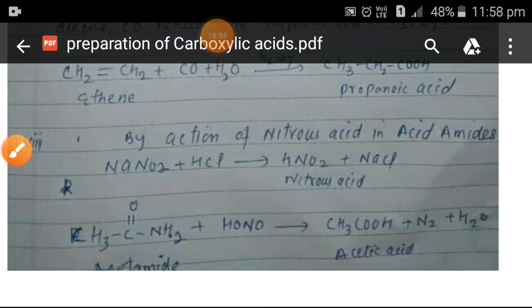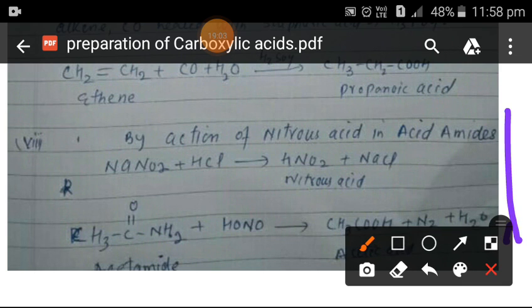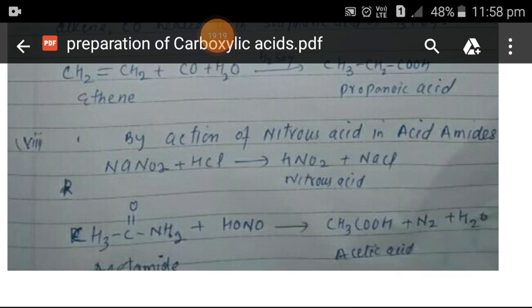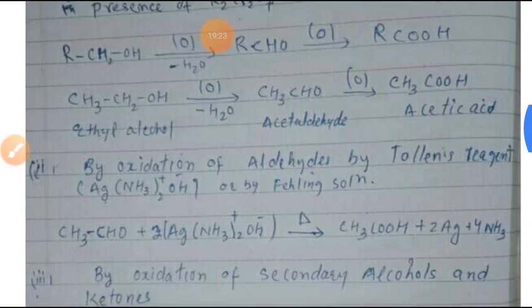We have already discussed the mechanism of this reaction in the previous videos, so you may check that. So these were some methods of preparation of carboxylic acids. Here we took acetamide. When treated with nitrous acid, it gives acetic acid, and the nitrogen gas is released and water is also formed. So this was all about the preparation of carboxylic acids. Hope you understand.